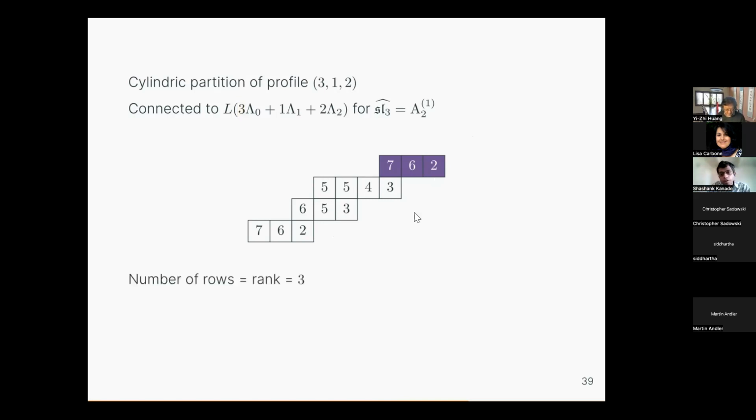The thing to remember is that the number of rows here is the rank that you have, so rank 3. And what is the total skewness? The total skewness is how much 762 gets shifted ultimately. That's 6 units, 1, 2, 3, 4, 5, 6, and that's your level. Okay, so those are what cylindric partitions are.